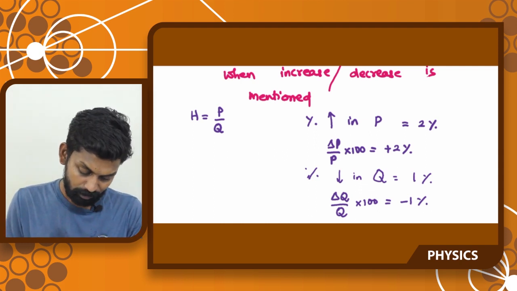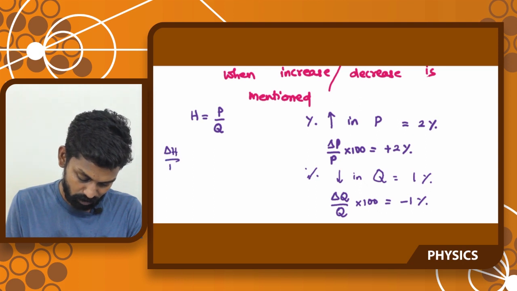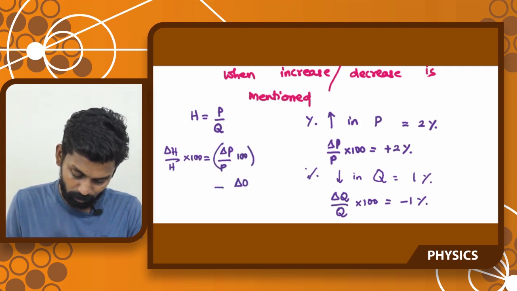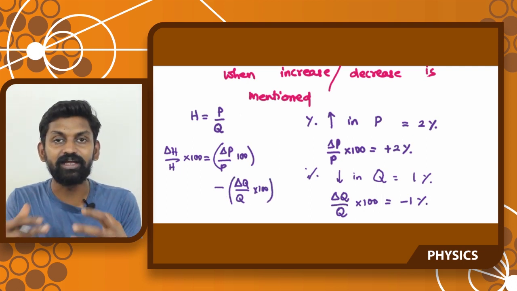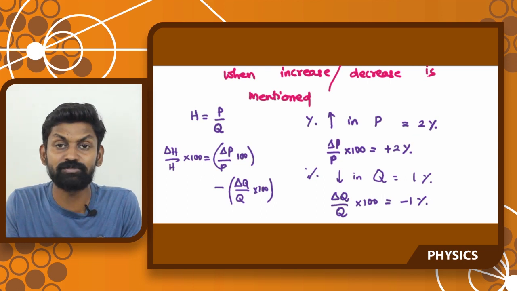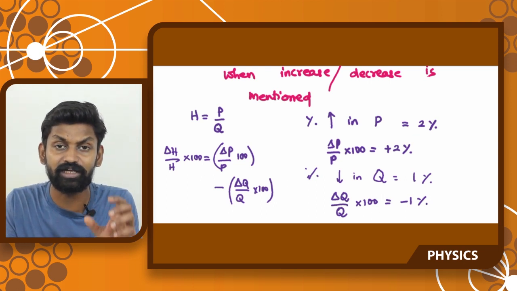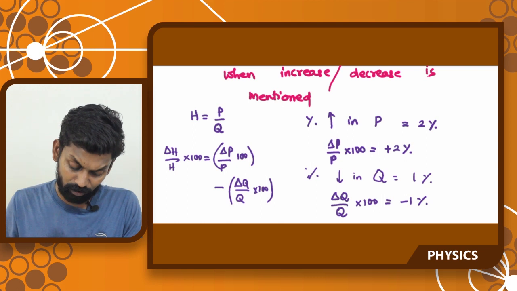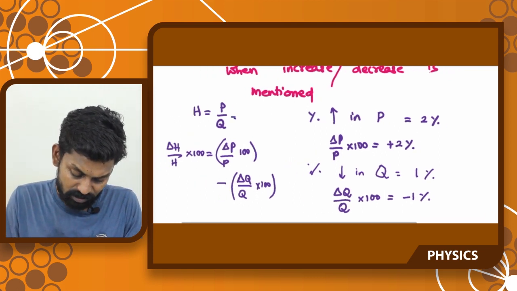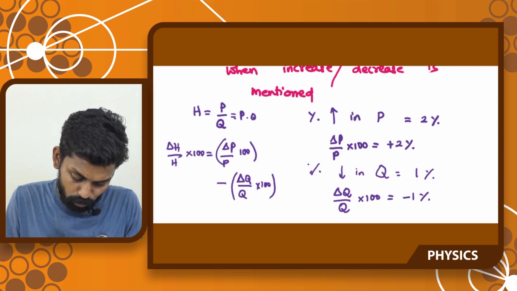So, delta H by H into 100 will be equal to delta P by P into 100 minus delta Q by Q into 100, because we are not finding the maximum possible error here. Maximum possible errors will never cancel each other. We are only finding whether it is increasing or decreasing, and P by Q can be written as P into Q power minus 1.